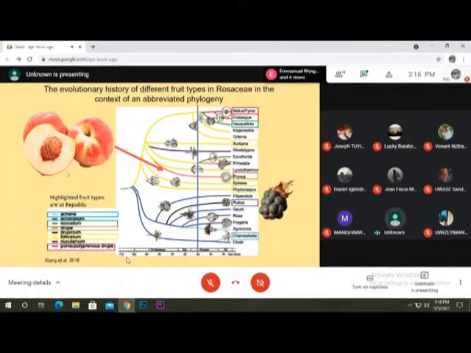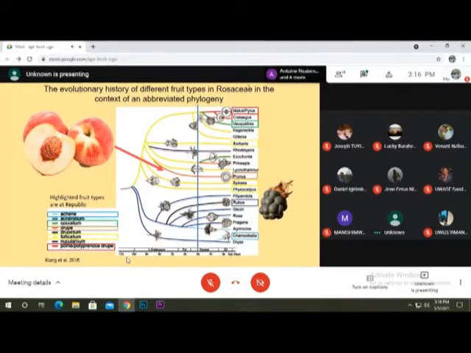Incidentally, all of these genera over here are in the rose family. So the rose family is one that many people are interested in if you're interested in the evolution of fruit, and if you're looking at systems to understand things like animal dispersal.